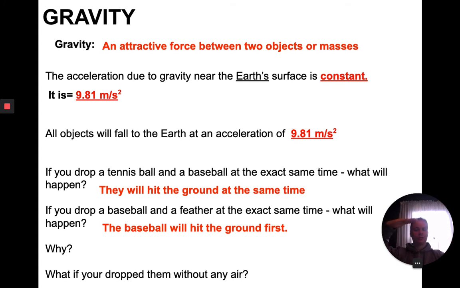However, because of the shape of the feather compared to the shape of the ball, air resistance on the feather is much greater, and therefore it gets slowed down more as it's falling.